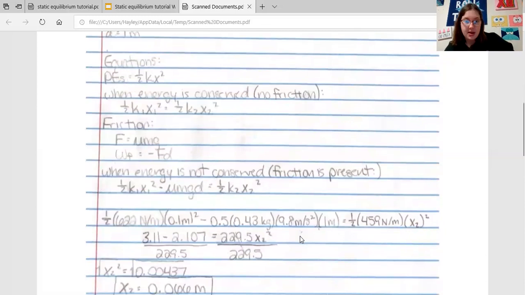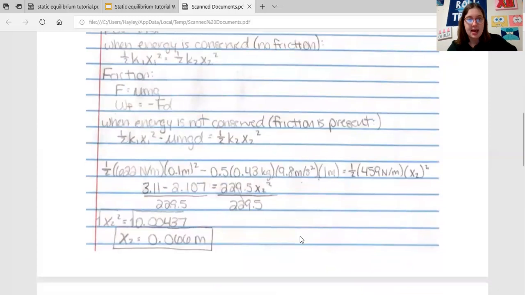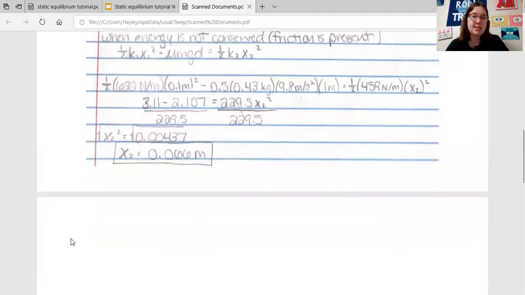So that x2 value is what we're solving for right now. After you multiply everything out, you will see that you get x2 squared equals 0.00437, and then you need to take the square root of this value to get your final answer of 0.066 meters, and that is the distance that the second spring will be compressed.